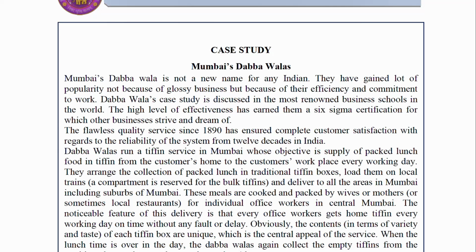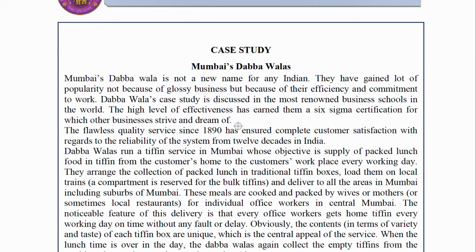Dabbawalas run a tiffin service in Mumbai whose objective is supply of packed lunch food in tiffin from customer's home to the customer's workplace every working day. They arrange the collection of packed lunch in traditional tiffin boxes, load them on local trains, and deliver to all the areas in Mumbai.